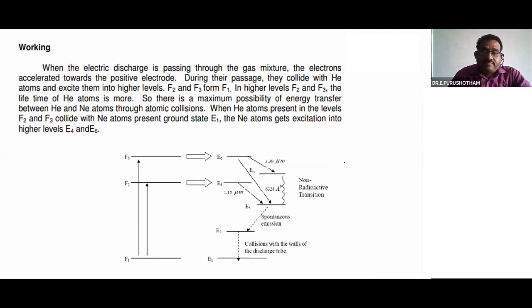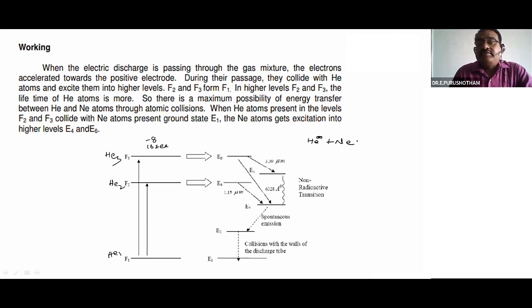Then the helium atom gets excited to He1, He2, He3 and goes to a higher energy state. In the excited state, the excited atom cannot stay a long time. It can stay up to 10 to the power minus 8 seconds. After 10 to the power minus 8 seconds, the helium atom returns to the ground state by itself.